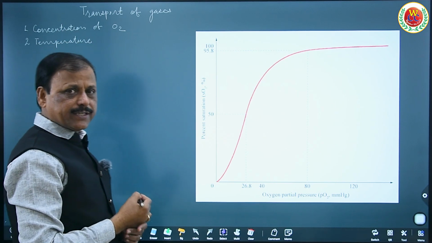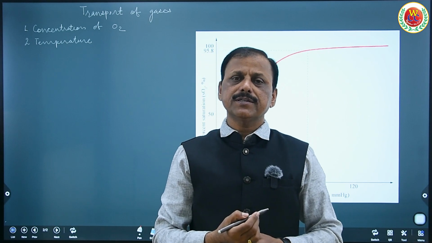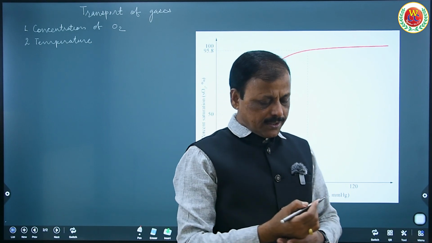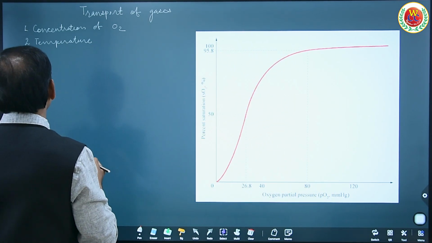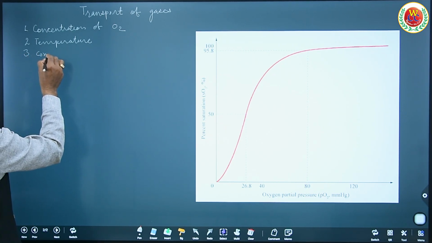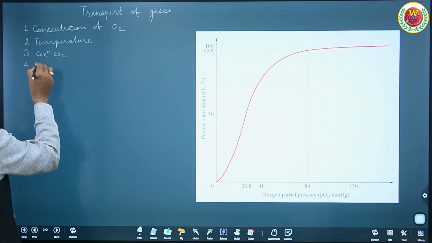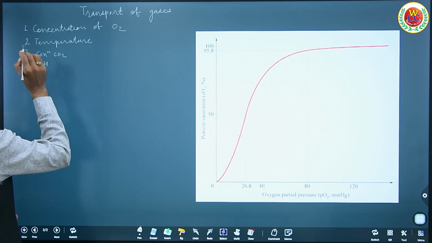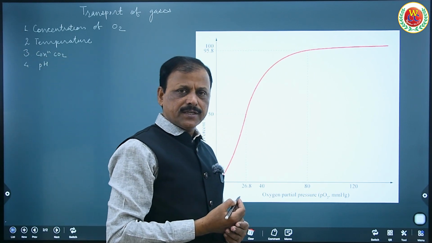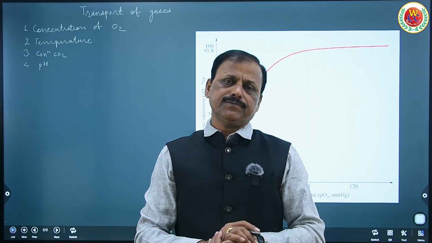These are the two major conditions required to associate with hemoglobin, as well as the concentration of CO2, which also plays a vital role, and pH. So these are the four things concerned with the association and dissociation of oxygen.